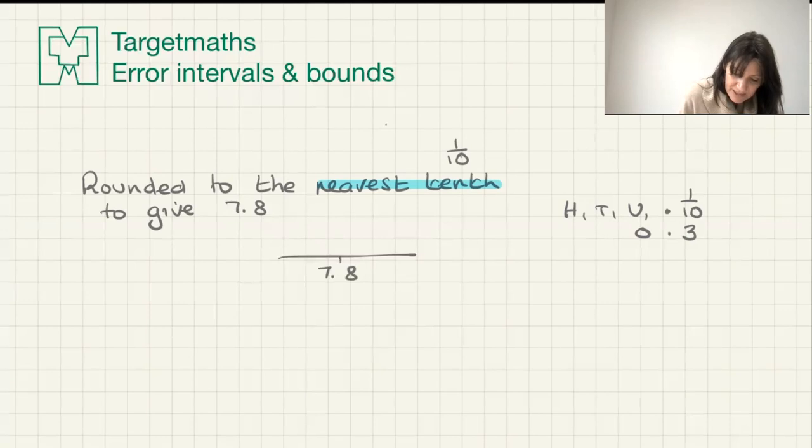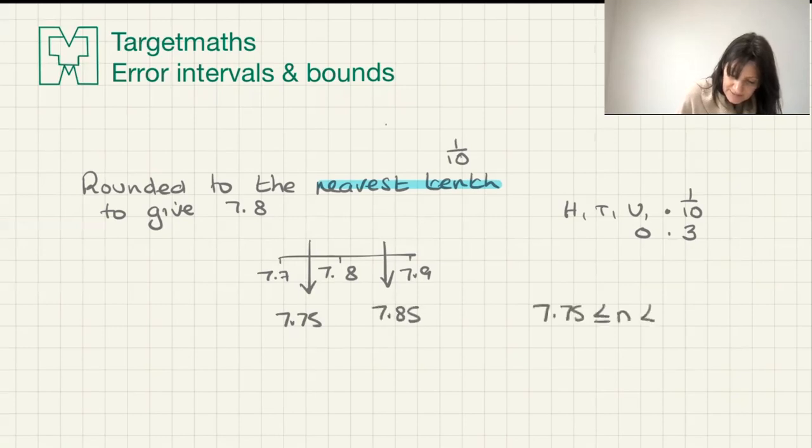So I've got my 7.8, 7.9, 7.7, and find those middle points, 7.75, 7.85, and my error interval is that. Job done.